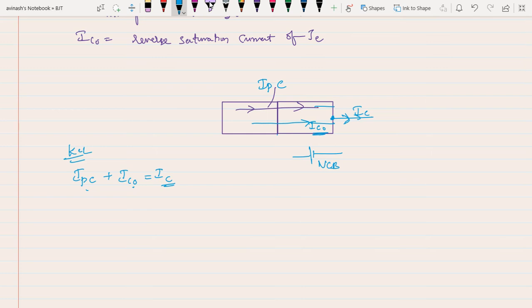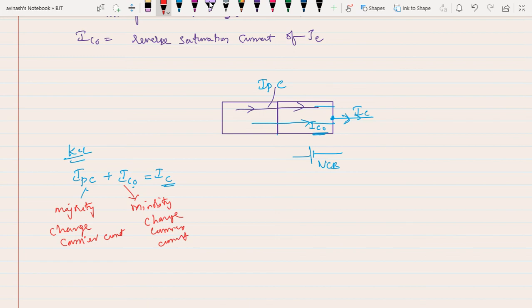IPC is nothing but the majority charge carrier current, whereas IC naught is nothing but the minority charge carrier current.